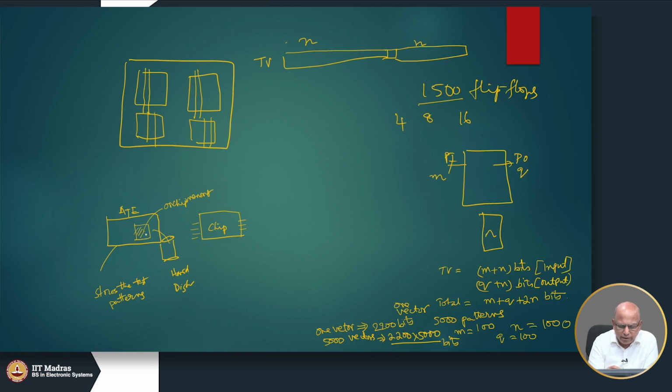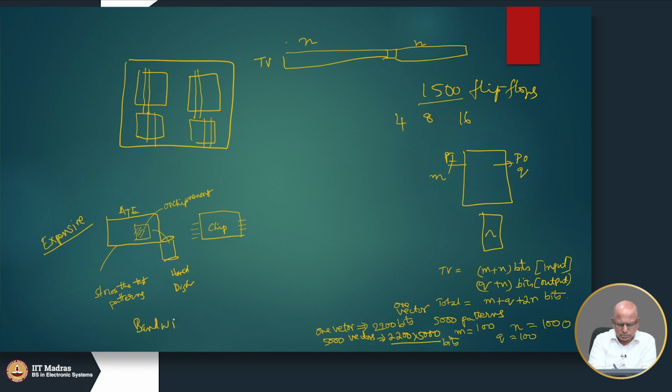So, ATE in a way must be faster than the chip. ATE must operate at a much higher speed than the chip itself, otherwise the testing may not be correct. So, that is the reason why ATE can be expensive. We have already mentioned this, that they cost millions of dollars. That is because of the kind of memory that is used; they may use expensive high speed memories in order to achieve the bandwidth that is required.